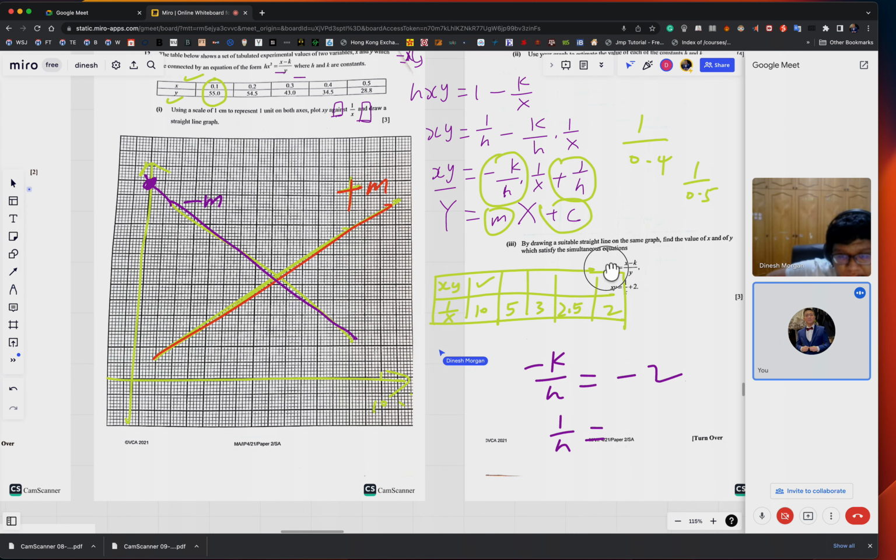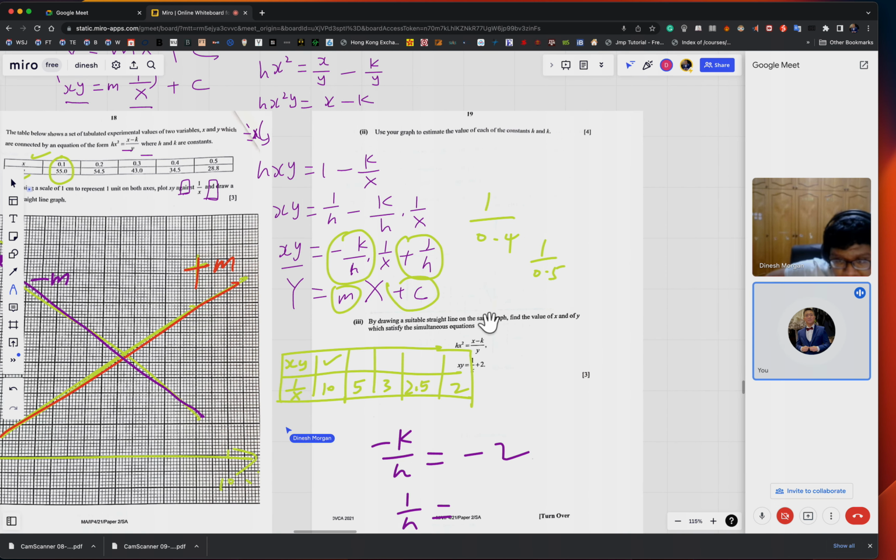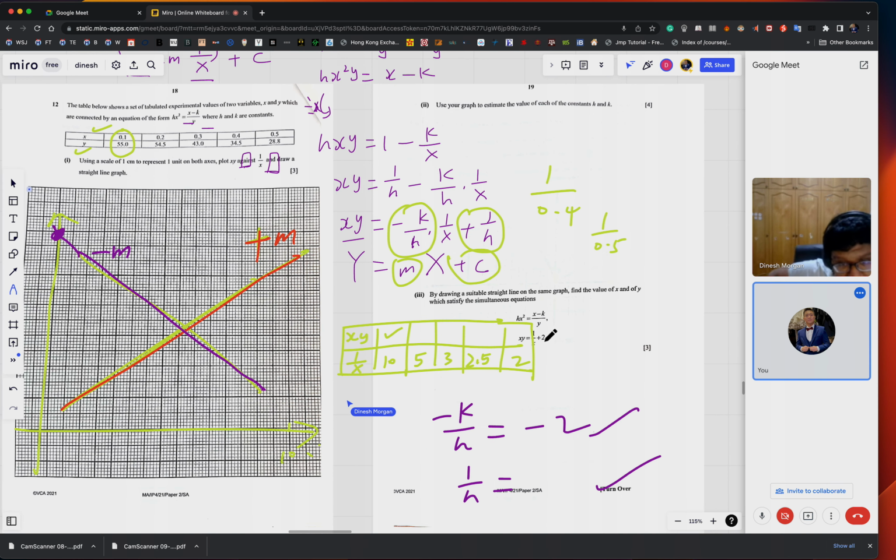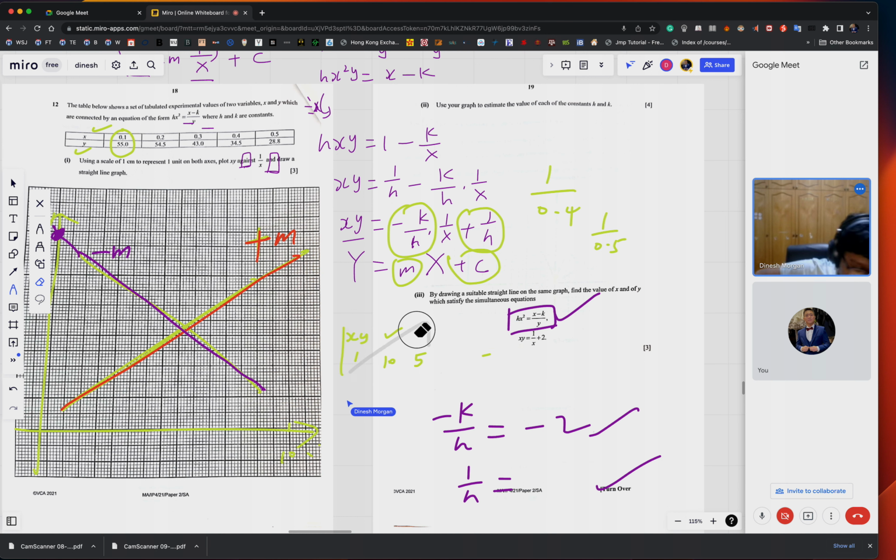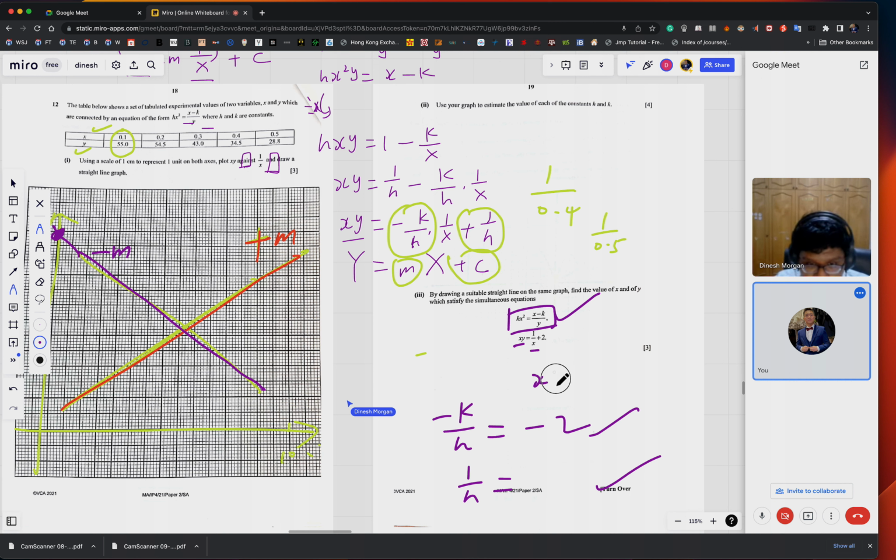So next, they say use the graph to estimate the value of each of the constants. Yeah, done. Which is over here. By drawing a suitable line on the same graph. Okay, so this one you have drawn, right? So now your job is to draw this one, which is xy equals 1 over x plus 2.